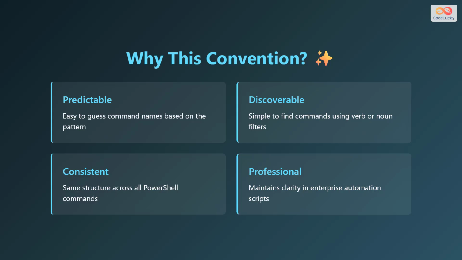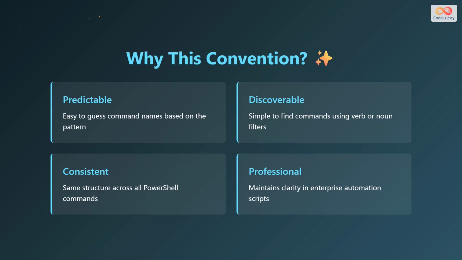You might wonder why PowerShell uses this verb-noun convention. There are several important benefits. First, it's predictable. Once you know the pattern, you can easily guess command names based on what you want to accomplish. Second, it's discoverable. You can quickly find commands by filtering based on verbs or nouns. Third, it's consistent.